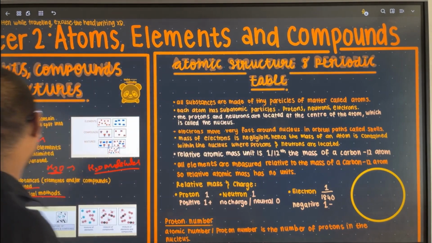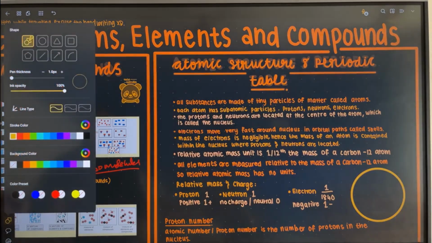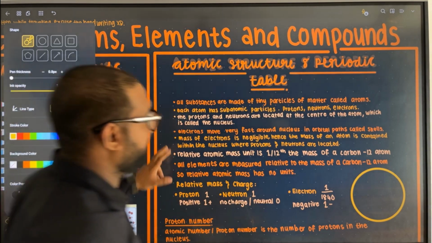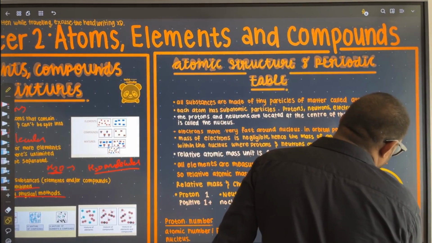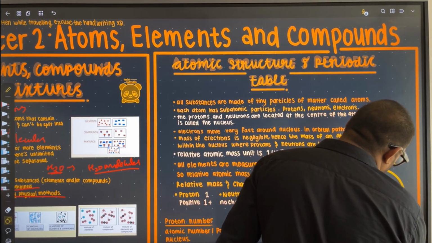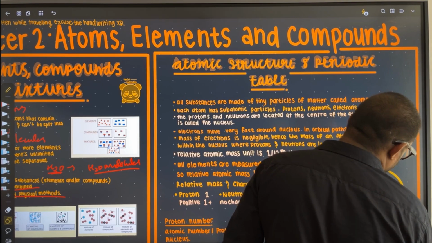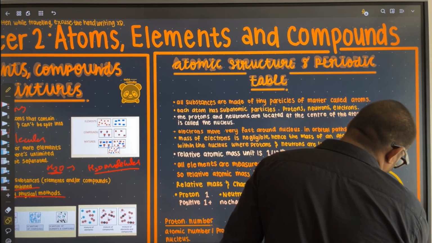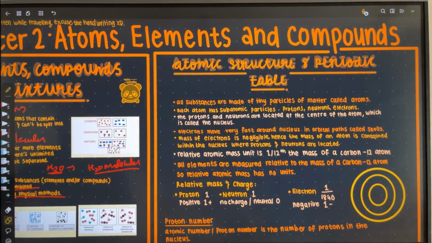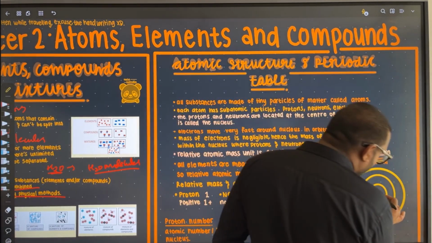Let us suppose this is an atom, and it has some orbits. It has a nucleus in the center.